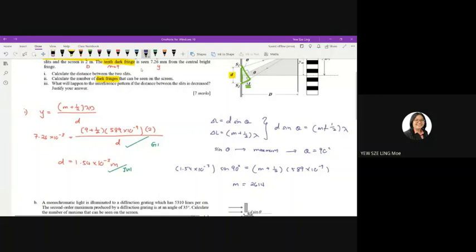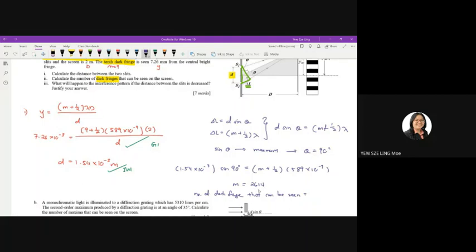Now remember, the order is always one number less than the fringe. So what is the value in this case? The number of dark fringes that can be seen: since you are looking at dark fringes, if you have 2614 order, that means you can see 2615 fringes on one side, because 9th order equals 10 fringes.